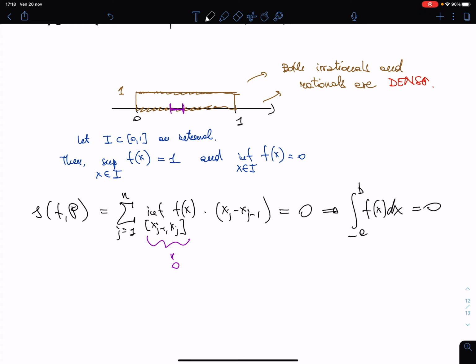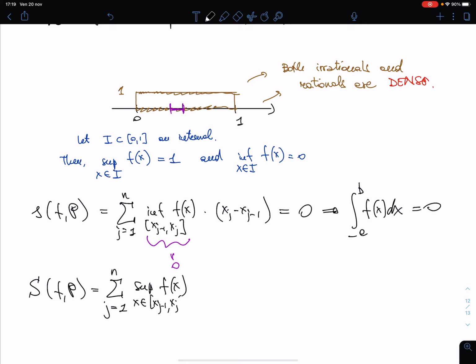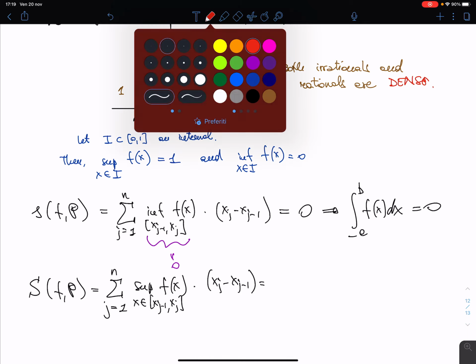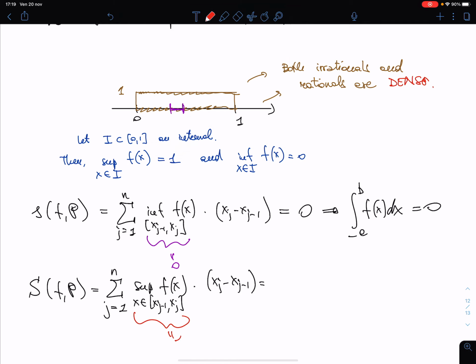You go to the upper sums, and then you have capital S(f,P), the sum j from 1 to n of the supremum of f of x for x belonging to the interval [x_{j-1}, x_j] times x_j minus x_{j-1}. And this stuff here is made of values all equal to 1.